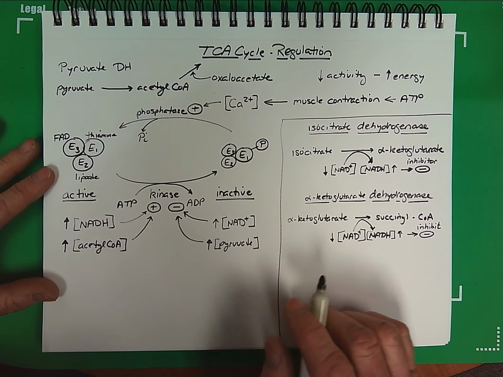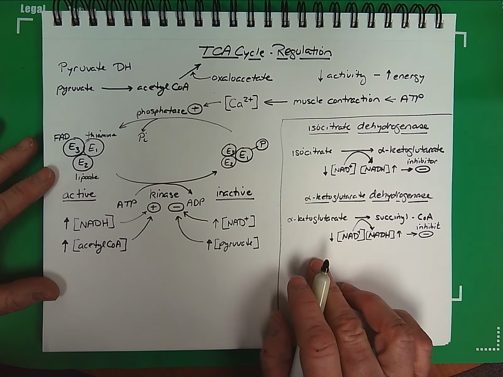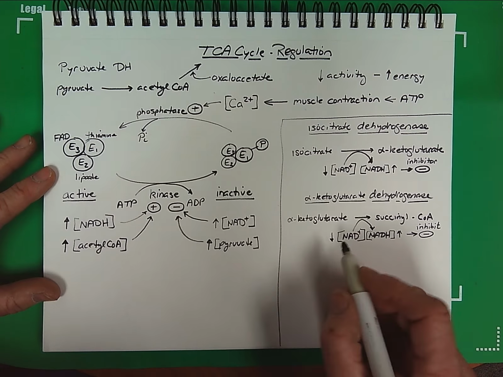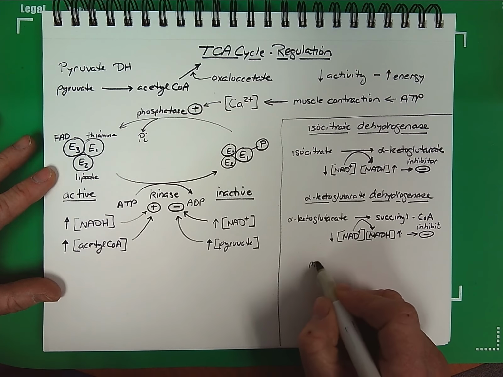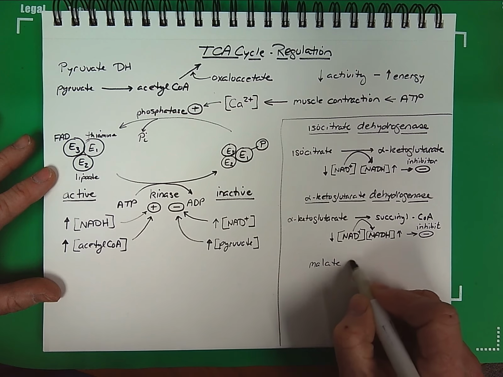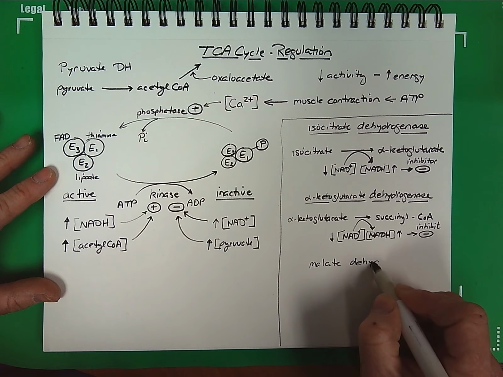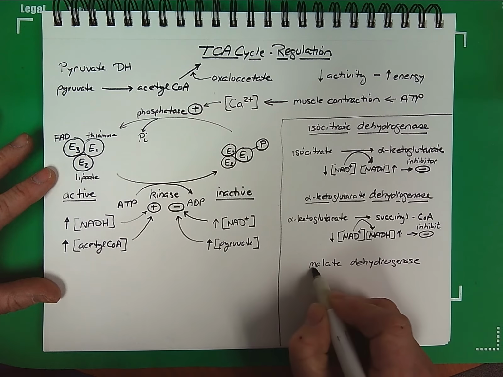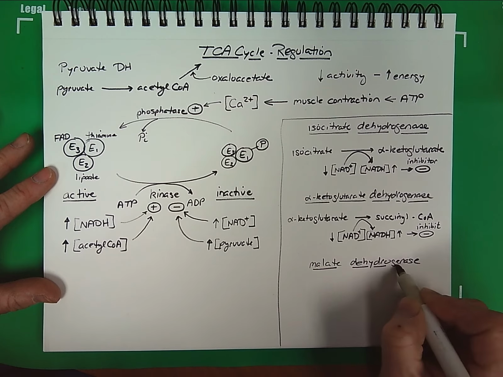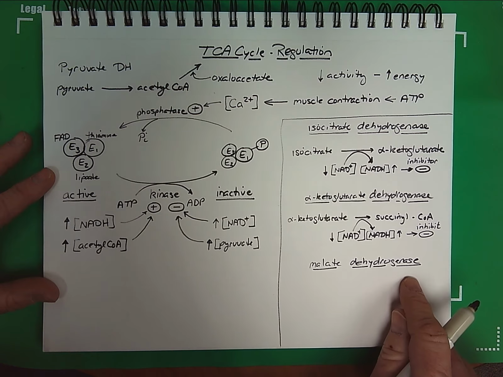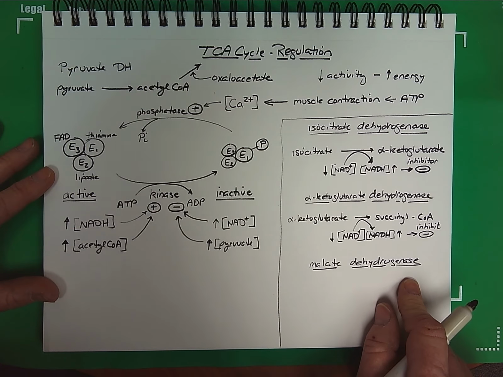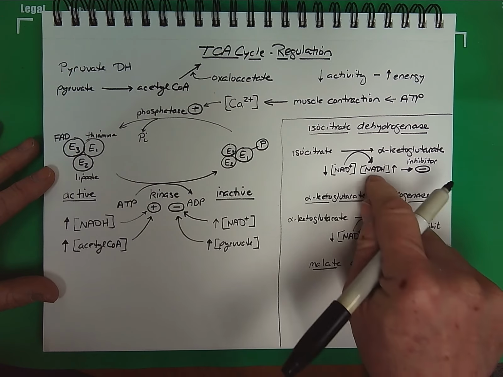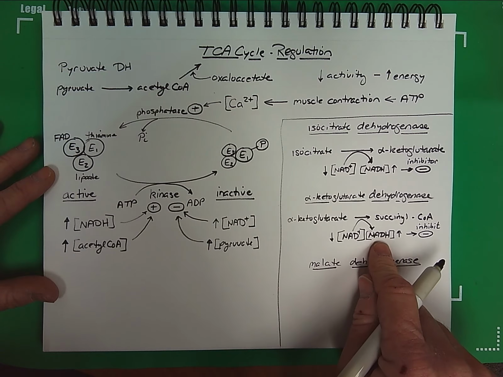Now, as you can imagine, if you look forward in the TCA cycle, we have one more point of regulation. And you can probably guess this one. This is the malate dehydrogenase. So you're beginning to see a theme here. Dehydrogenase enzymes are excellent points of regulation because they are producing the energy-generating molecule, NADH.